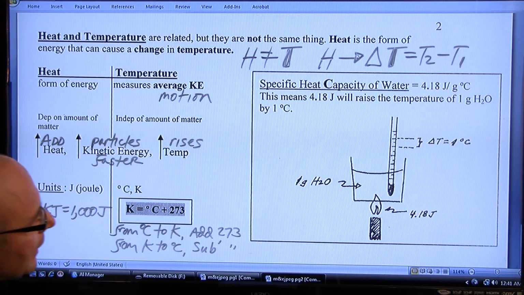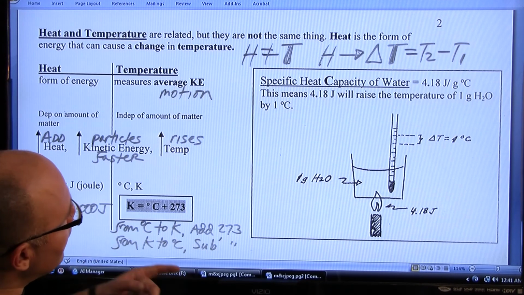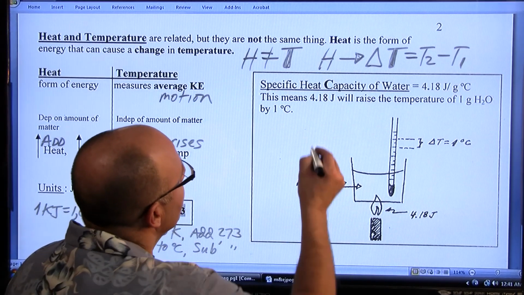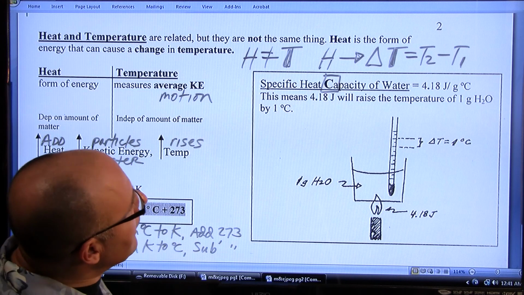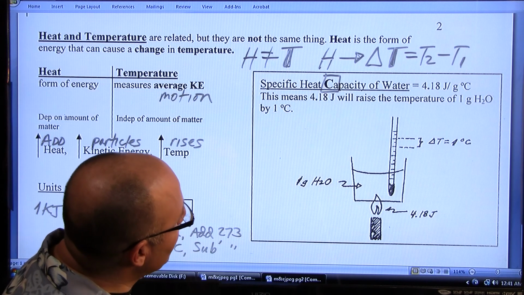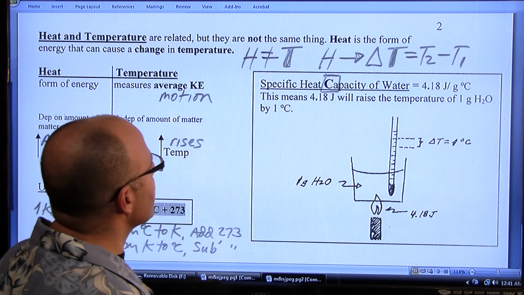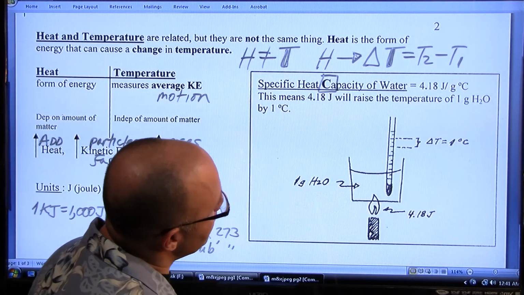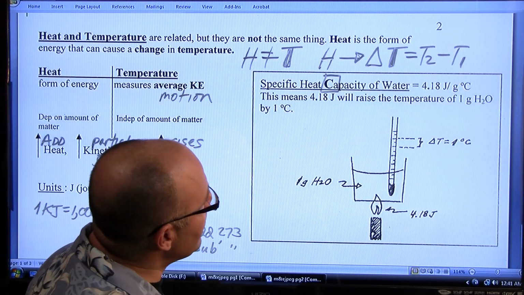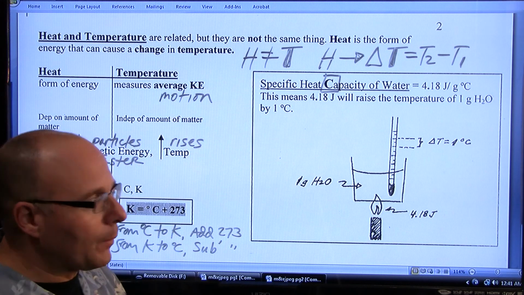And while we're here speaking about the relationship between heat and temperature, let's park on big C, which stands for the specific heat capacity. You might recall that the specific heat capacity of water is 4.18 joules per gram degree Celsius. You'll find this in Table B under the constants for water.